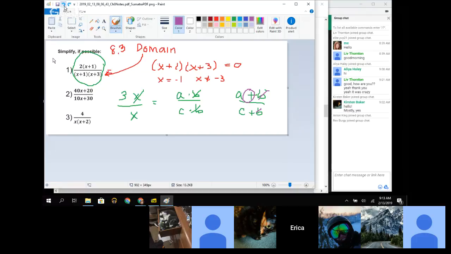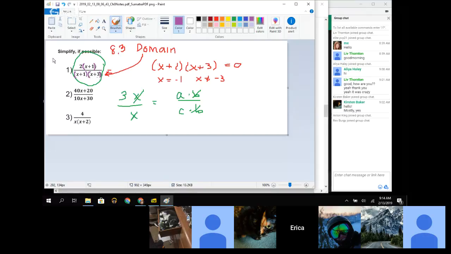Now let's take this rule of only being able to cross out when you multiply, because it gets a little bit confusing when you get to a problem like number 1. I have 2 times x plus 1, which is all in parentheses, over x plus 1, which is all in parentheses, times x plus 3.